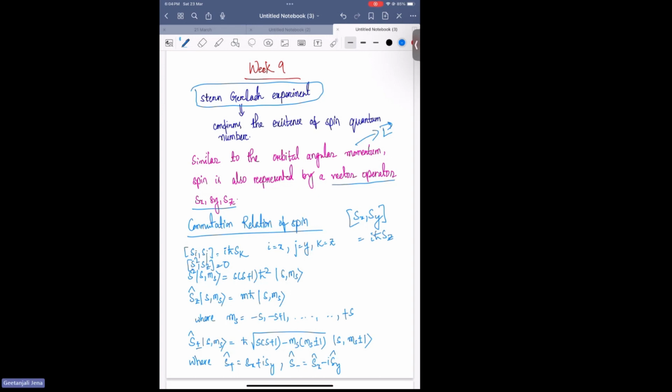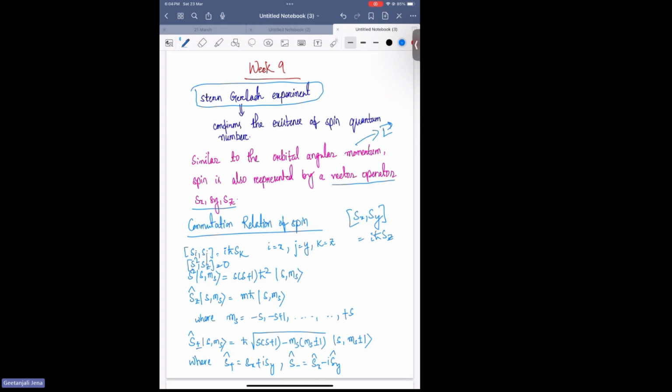Like the orbital angular momentum where Lx and Ly are incompatible operators, in the spin case also the x component and the y component of the spin are incompatible. So if we measure one, then we cannot simultaneously measure the other component of the spin.